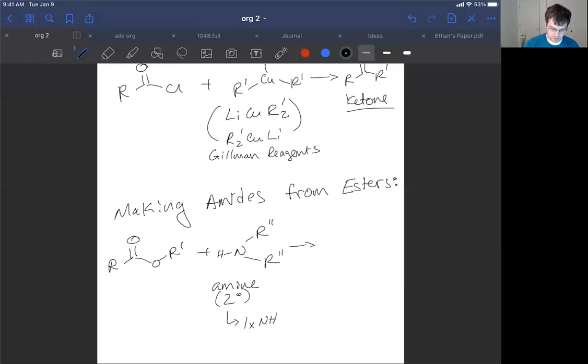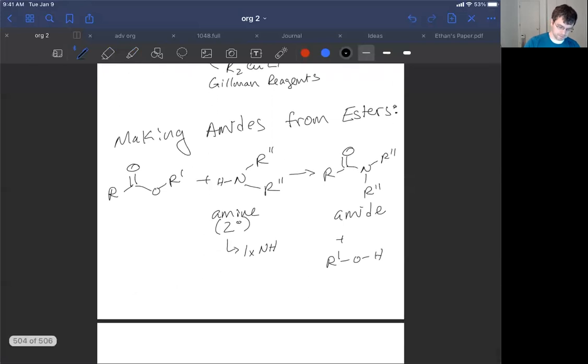So we're going to use that one NH to convert our ester into an amide, depending on where you're at. The key thing, the reason why we need that NH is because we're going to form ROH. Okay.